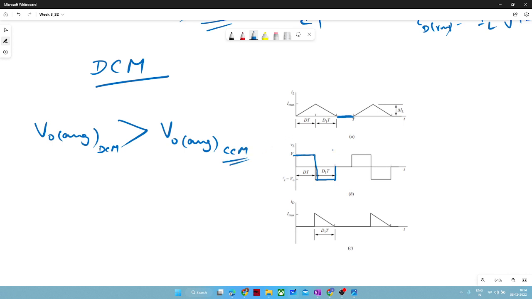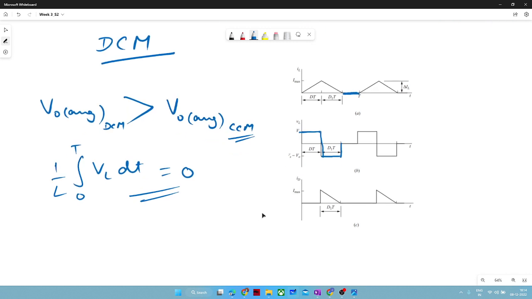As I mentioned in the last lecture, since your negative portion is less, you will get more value of V naught. You should try to find the area, equating the integral from 0 to T of (1/L) VL dt to 0, for both cases, and you will observe this significant difference.